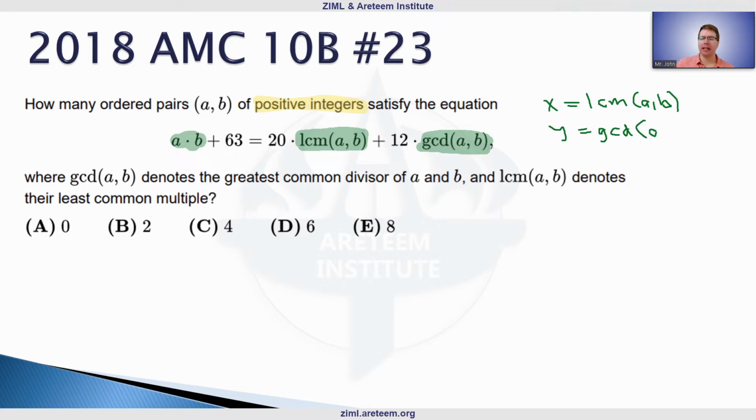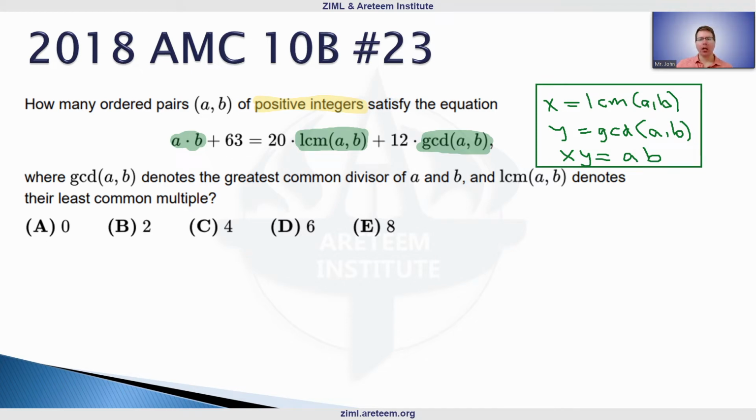Now, when we see this there, right, okay, we have 20x plus 12y on the right-hand side. Well, what about the left-hand side? And here's where this important relationship actually helps. Well, x times y, GCD times the LCM, hey, this is in fact equal to the product of A and B. So this piece of information is actually going to be very helpful when we're solving this expression.